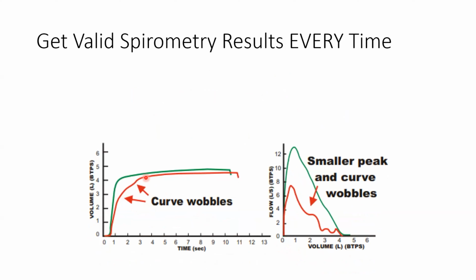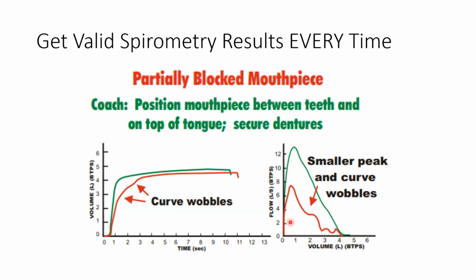All right, curve wobbles is a partially blocked mouthpiece. Make sure that their tongue is not there, their dentures are not moving around. Make sure that they're not biting on the mouthpiece, that it has a slight occlusion. Position that mouthpiece well between the teeth and on top of the tongue and secure the dentures.